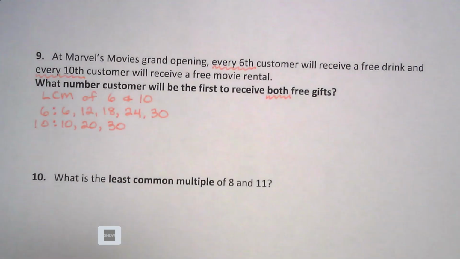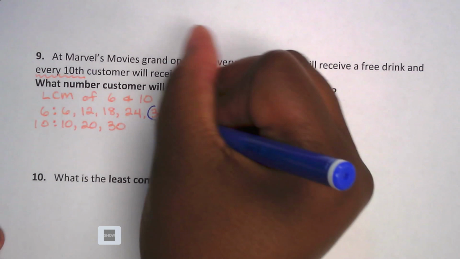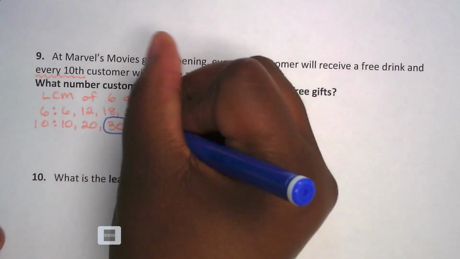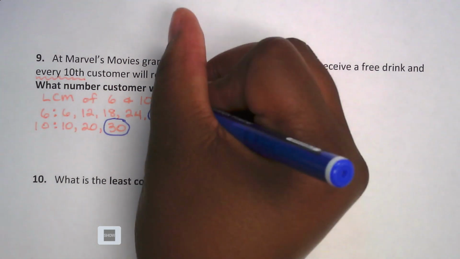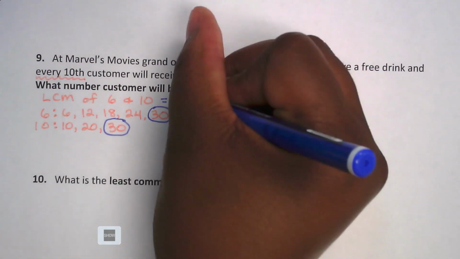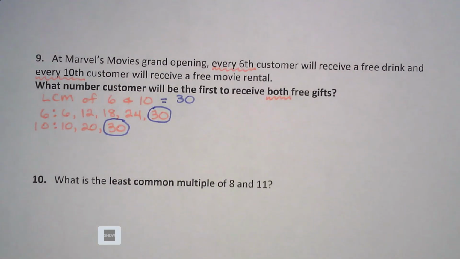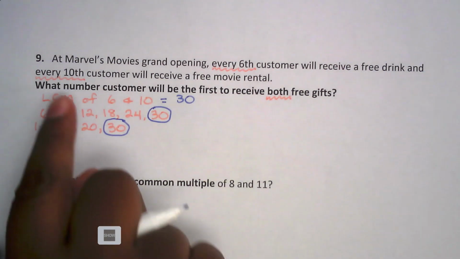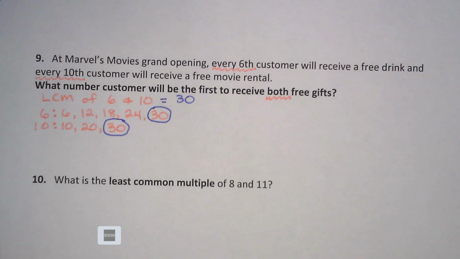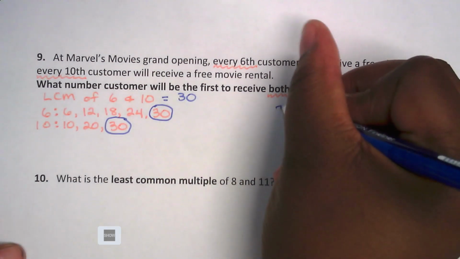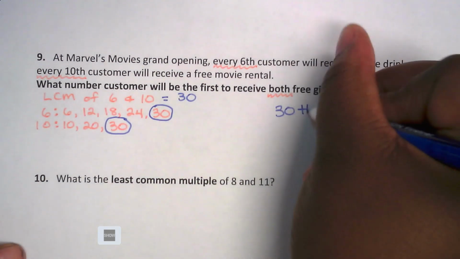And bingo, I have now found the first match, the least common multiple of both of these numbers. So the LCM of 6 and 10 is 30. But they didn't say, hey, what's the LCM of these two numbers? They want to know what number customer will be the first to receive both free gifts. So I now know that it will be the 30th customer.